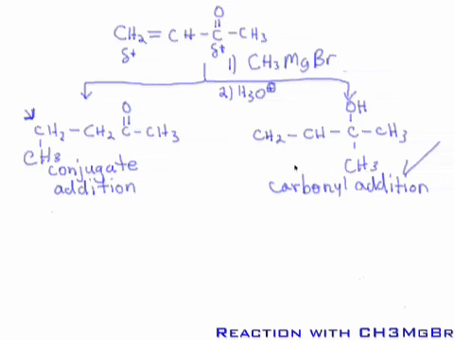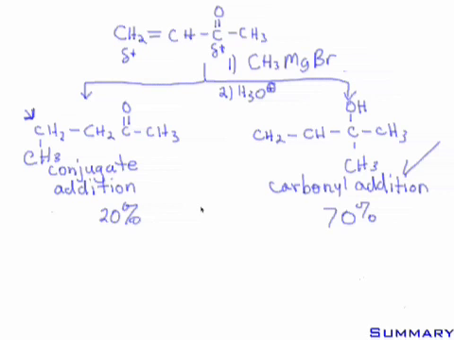Methyl magnesium bromide, yes, it's powerful, and yes, the carbonyl product is favored, but you actually still get a little bit of conjugate addition, 20%. There you go.